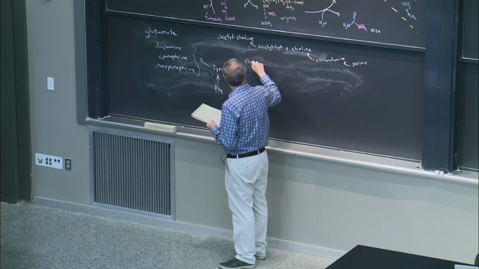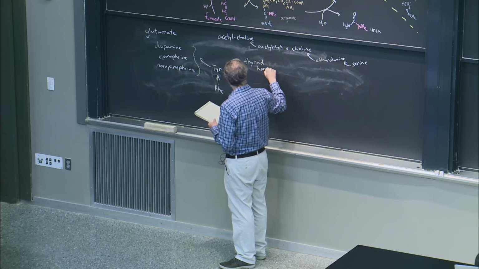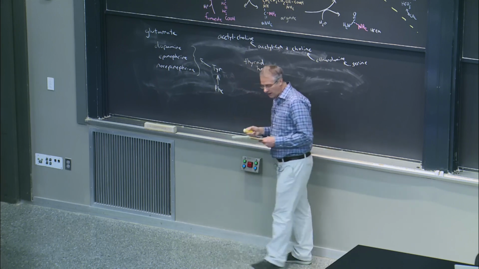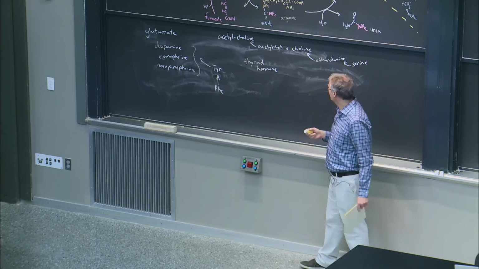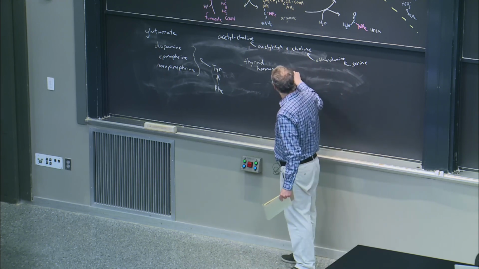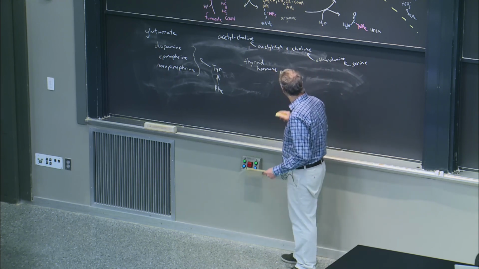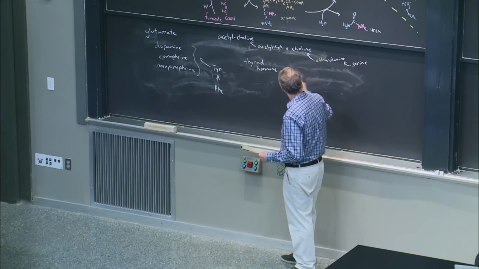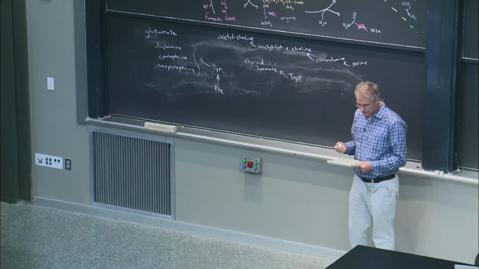If you're not into the brain, but into other aspects of physiology, so thyroid hormone, very common thing that many people need replacement of, very important to manage physiology in our body. Thyroid hormone also comes from tyrosine, okay?